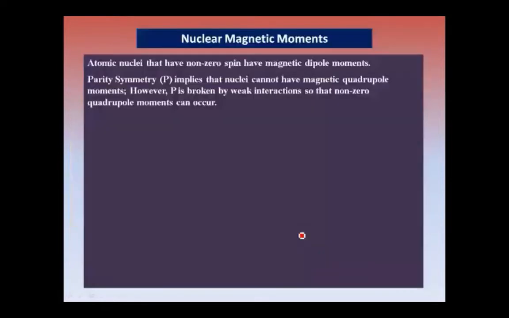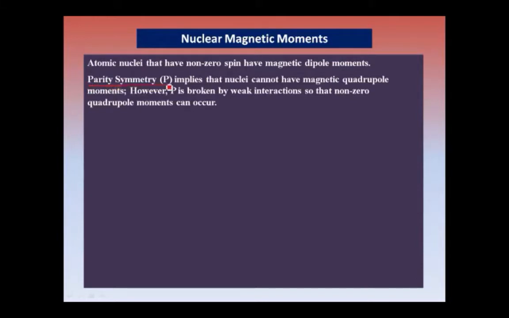So here's a little bit of information about magnetic moments, and in particular nuclear magnetic moments. Atomic nuclei that have non-zero spin have magnetic dipole moments. An old argument given for systems that might have zero magnetic quadrupole was a parity argument.